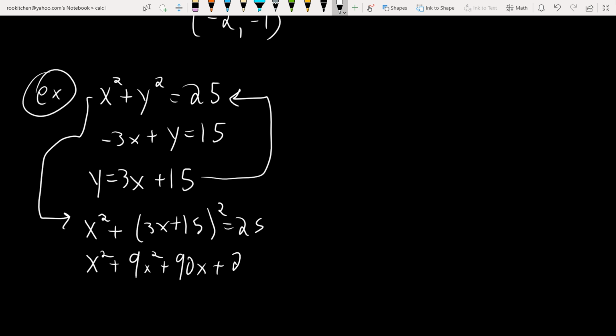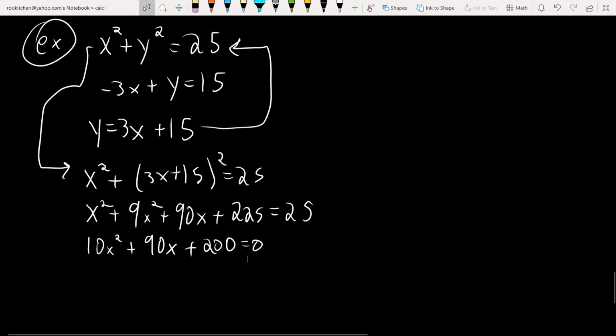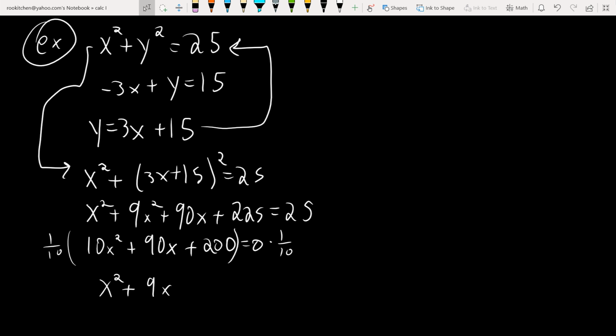Plus 15 squared is 225 plus x squared. So that's 10x squared plus 90x. Move the 25 over, plus 200. You can multiply both sides by 1/10. And you get x squared plus 9x plus 20 equals 0.